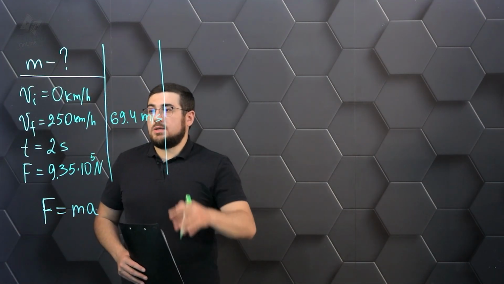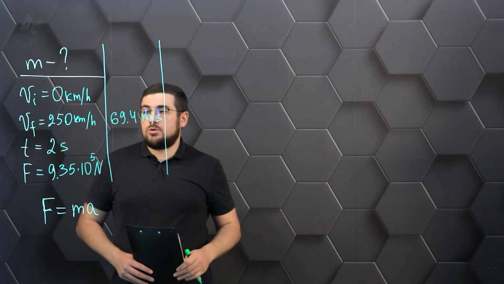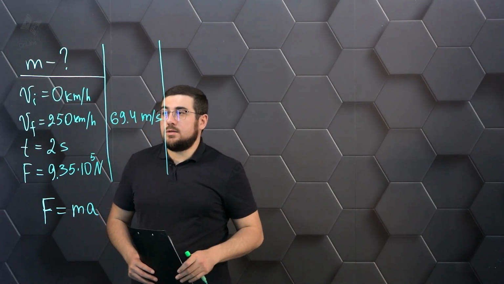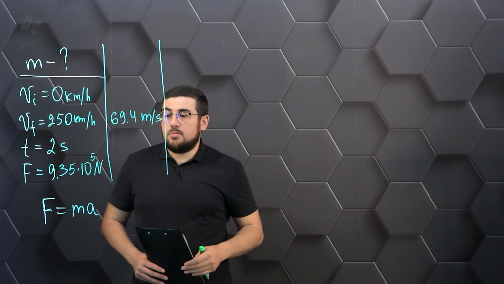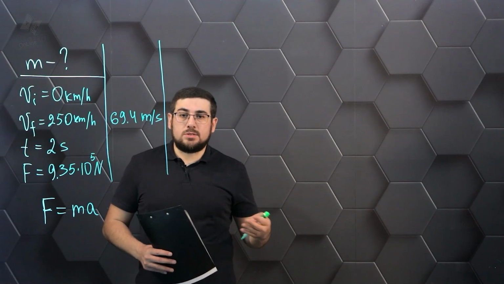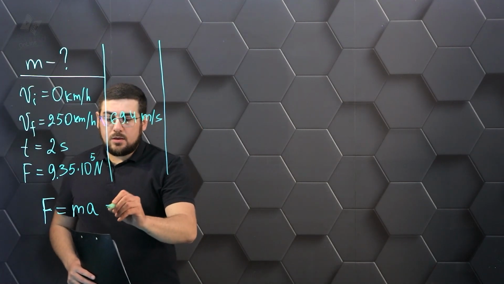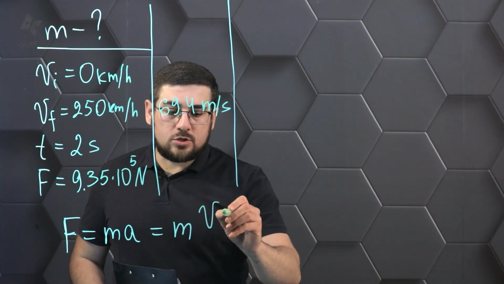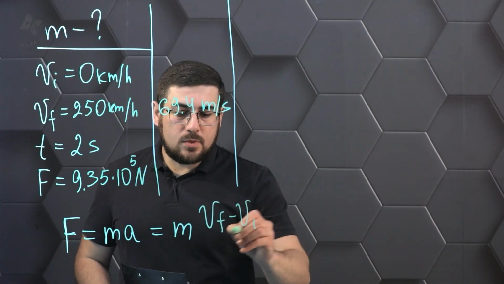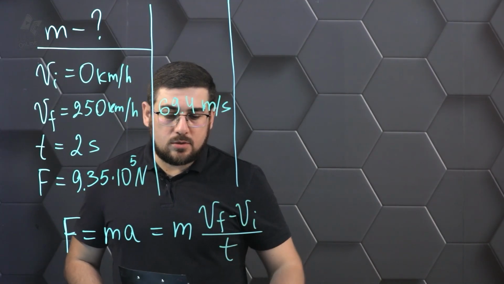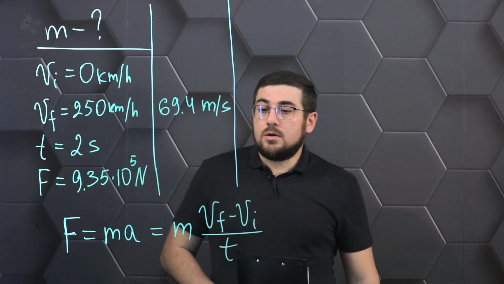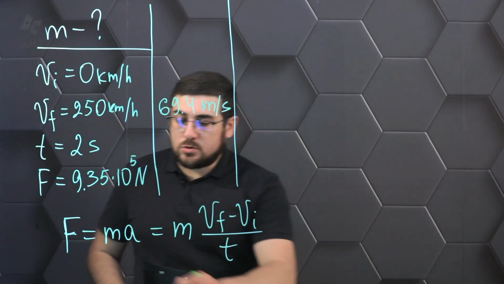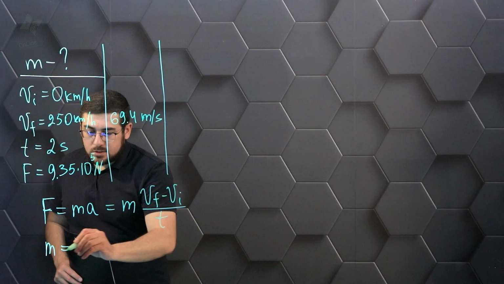The acceleration that this airplane has received can be described by the change in its velocity, because acceleration is the rate of change of velocity. We'll remember acceleration as the change in velocity of a given object per unit of time. And from this formula we can calculate the mass of this airplane.